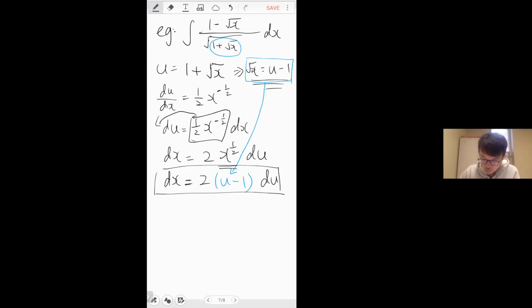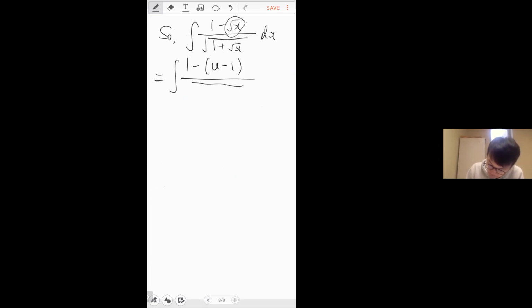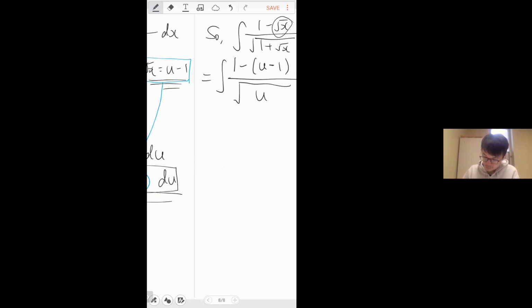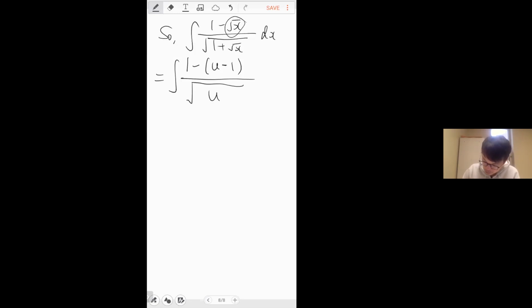I also know that 1 plus root x is u, by definition. So you have the square root of u. And from our calculation, I know that dx equals 2 times u minus 1 du. Questions?